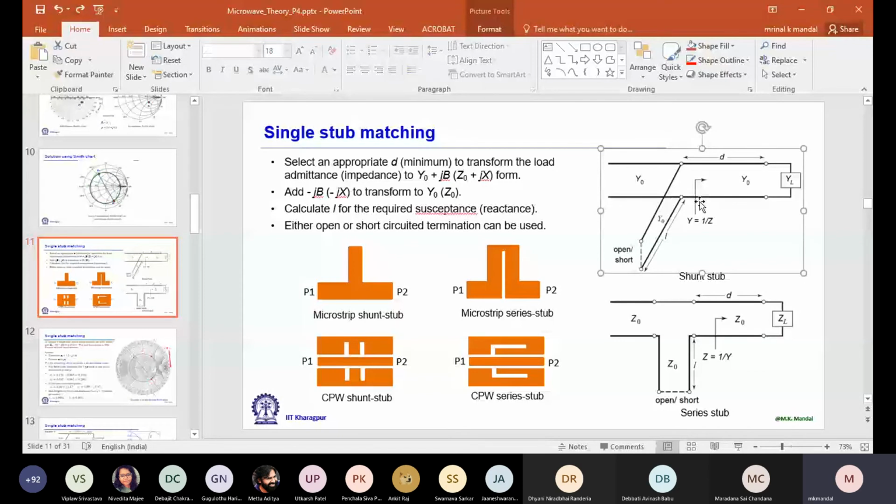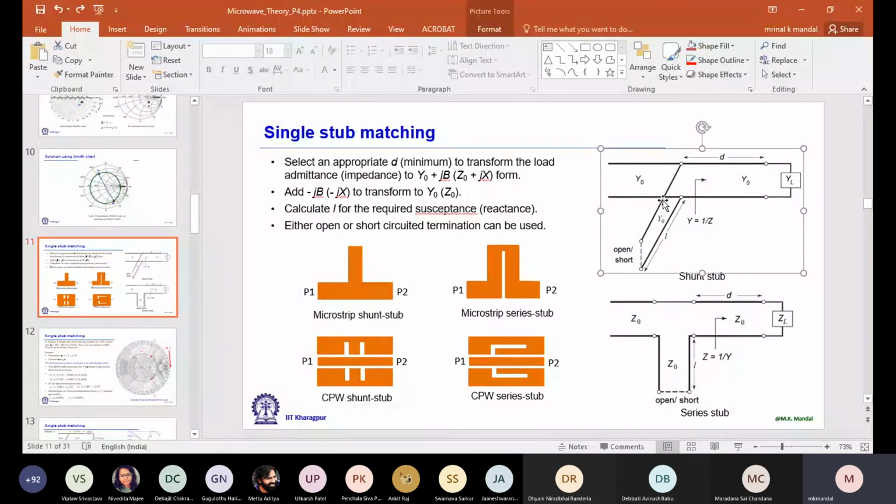For single stub matching, first we transform the real part to Y0, and then we use a shunt stub. We can also use a series stub as shown here, but usually we prefer shunt stub.